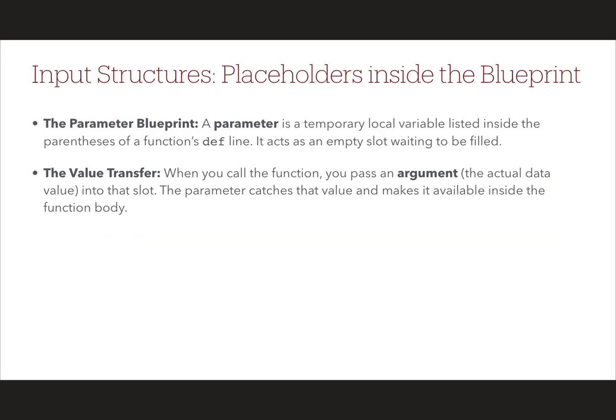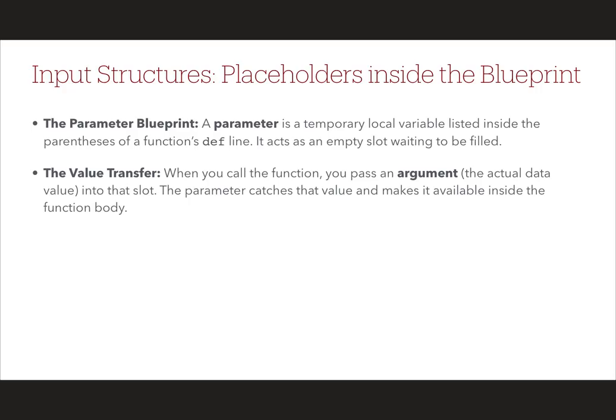So let us first consider the input structure. If your function wants to receive some information from the outside world, from the user or from a certain file, you need to define some placeholder for that value. So that placeholder or placeholders must be created when the function is defined.